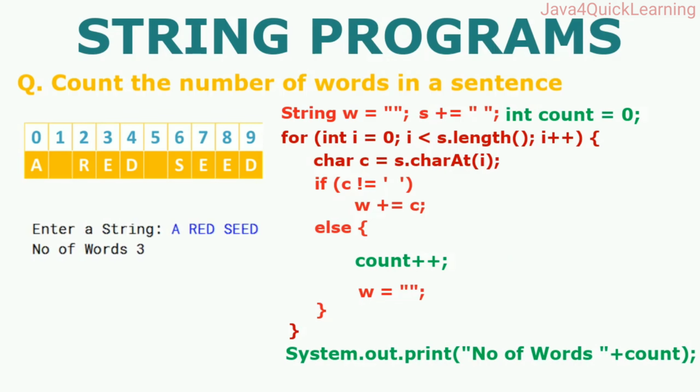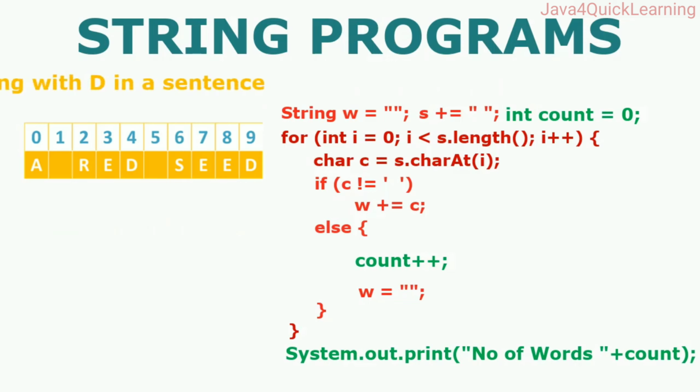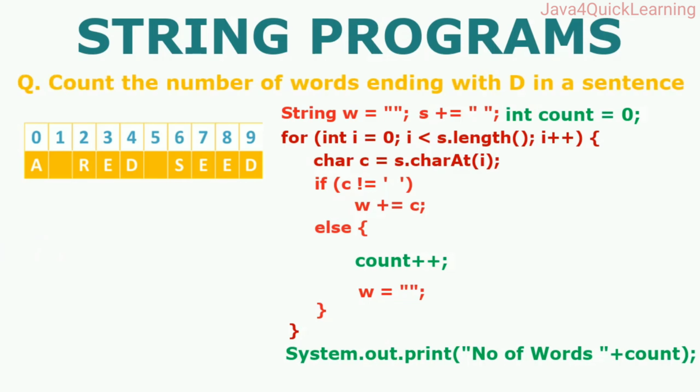This program will give us the number of words in a string. The program could also be to count all words ending with D. So we will just add an if condition and use the endsWith function to check for words ending with D. This will give us the program to count the words ending with D.